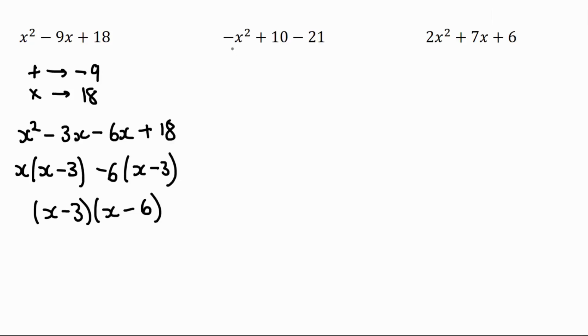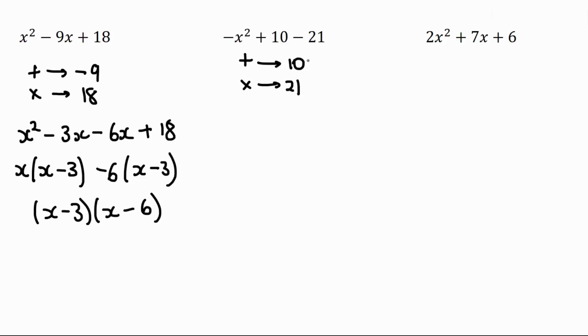And this next example here has a negative x squared coefficient. And this is the same method as before. So we need 2 numbers that will add to give 10 and multiply to give AC. Now A is -1, C is -21, so AC is -1 times -21, which is just 21.